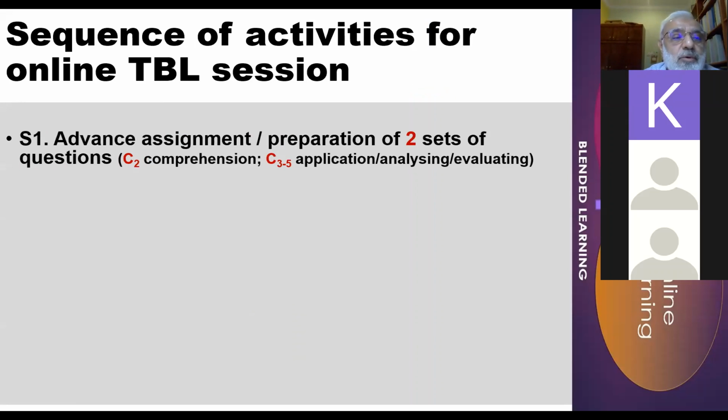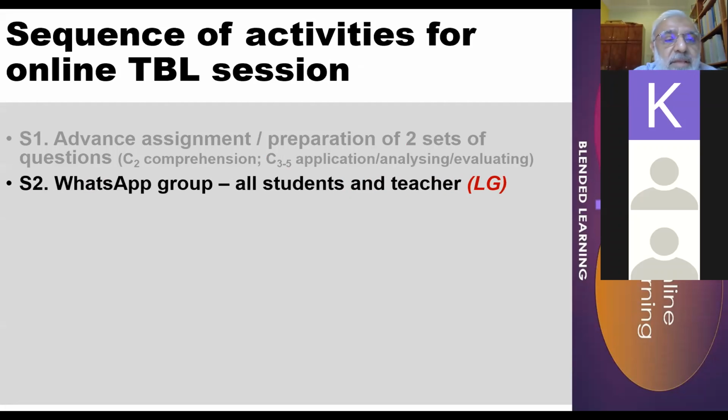So what we need to do is, the first step is the same as face-to-face: advanced assignment for students to study, and the preparation of 2 sets of questions by the teacher at the same level. In the second step, we create a WhatsApp group in which all the students and the teacher are members. So that's a large group WhatsApp.